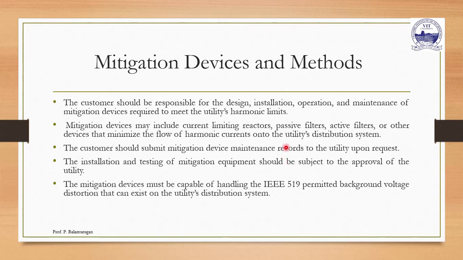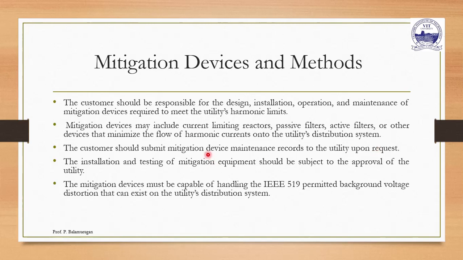Next, the mitigation device and method. The customer should be responsible for design, installation, operation and maintenance of the mitigation device required to meet the utility harmonic limits. The mitigation device may include current limiting reactors, passive filters, active filters or any devices that minimize the flow of harmonic currents onto the utility's distribution system.